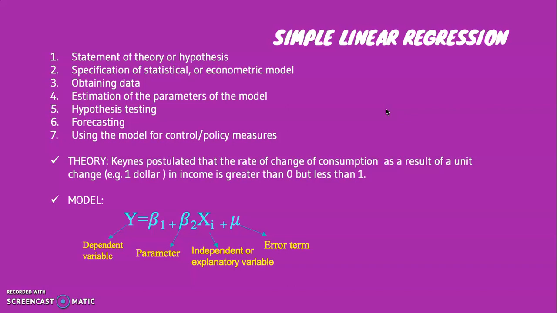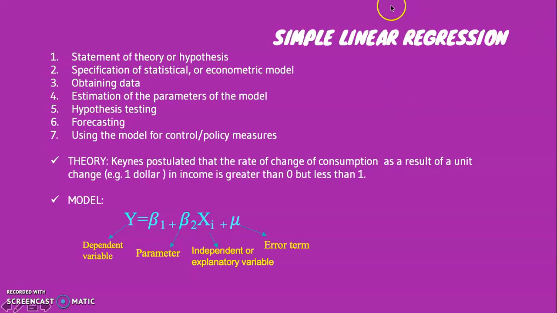Now, let us state a theory. Keynes's theory tells us that when there is an increase in income, it will cause the rate at which people spend to increase more than before, but that increase is only greater than 0 but less than 1.